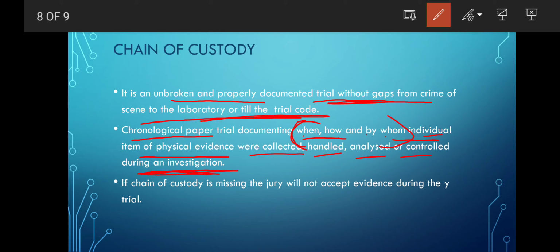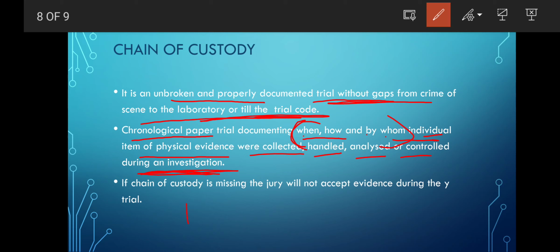This is very important. So if the investigating officer is the one who is collecting the evidence, the chain of custody will start from that place, like the details of the person handling the evidence with date and time and reason.